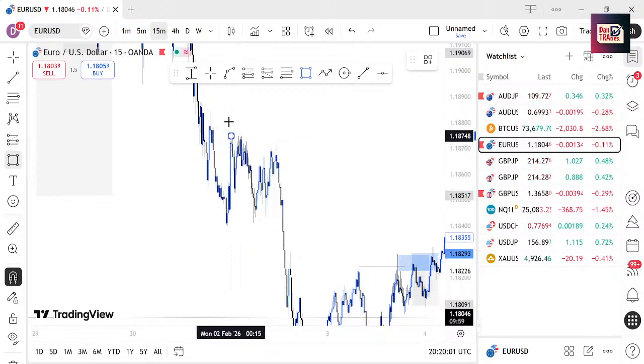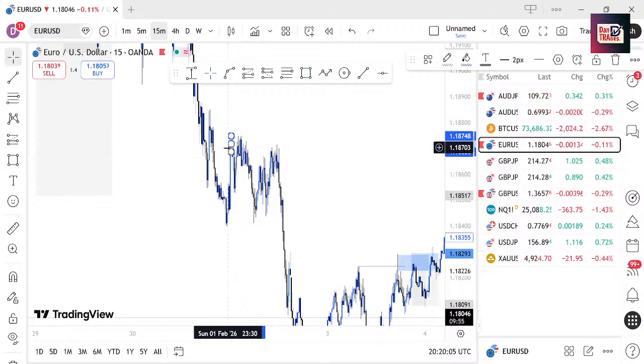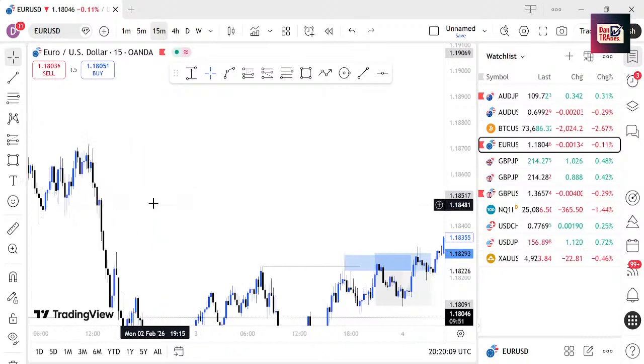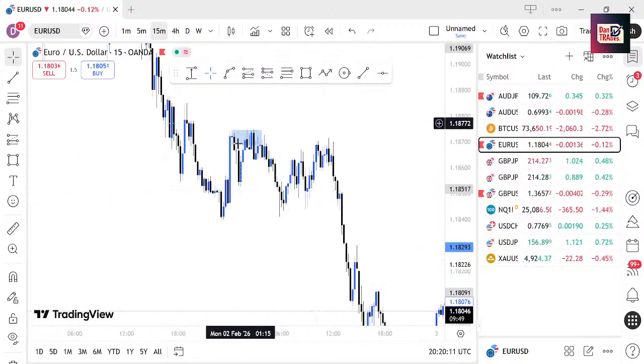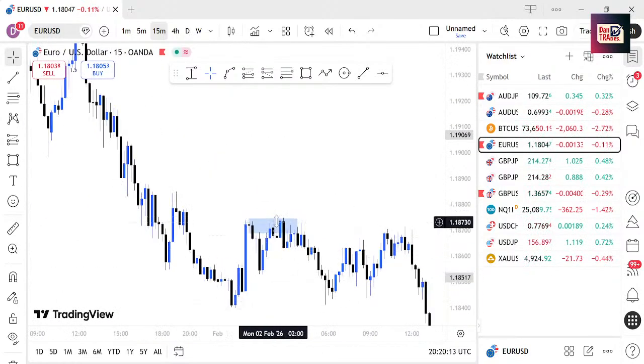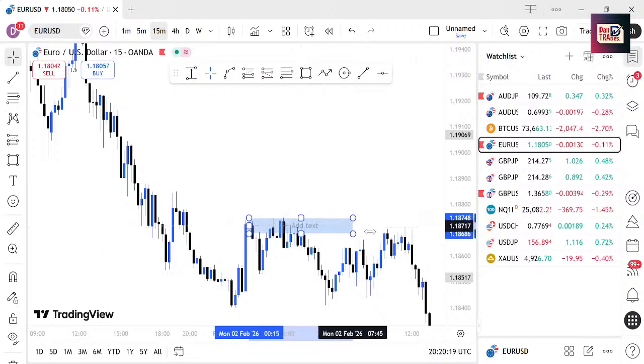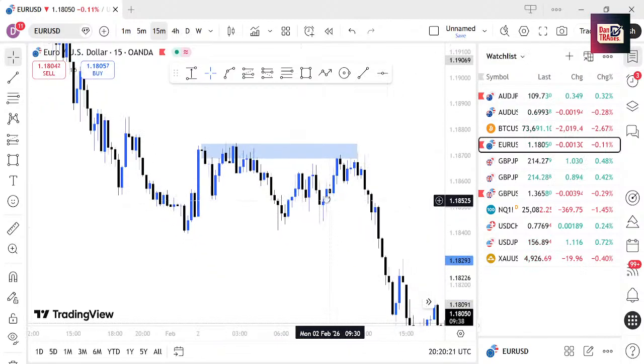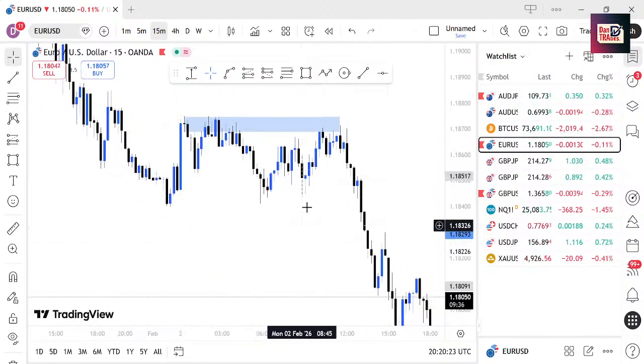So I use Control, get both sides. First, price reacted to this area which was acting as a resistance, and I extended it and you saw it happening again. So price came to that area twice and reacted to the downside.